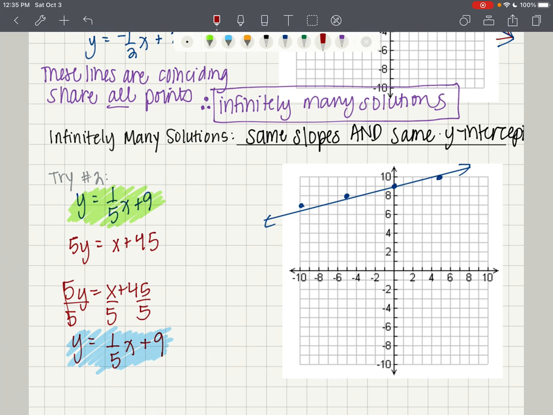That's the same exact equation, so that's going to be the same exact line. So the answer here is infinitely many solutions.